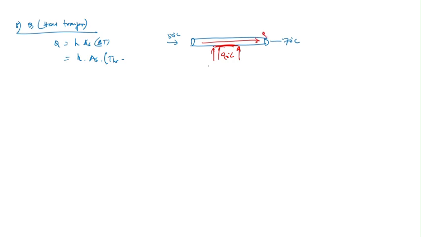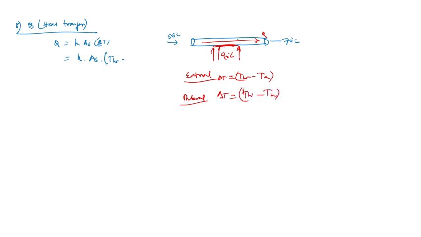In the case of external flow, we take delta T as wall temperature minus ambient temperature. But in our case, the flow inside the tube, which is internal flow, delta T is equal to wall temperature minus bulk mean temperature.